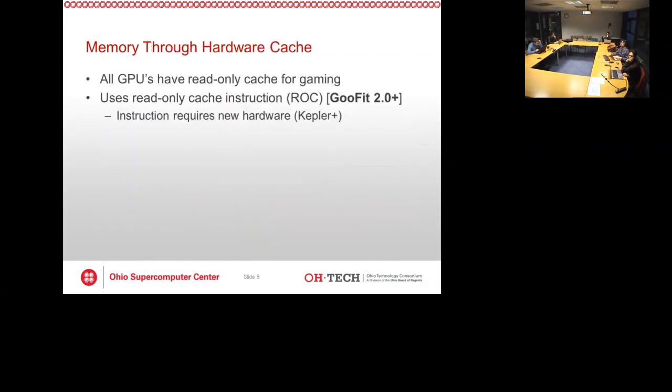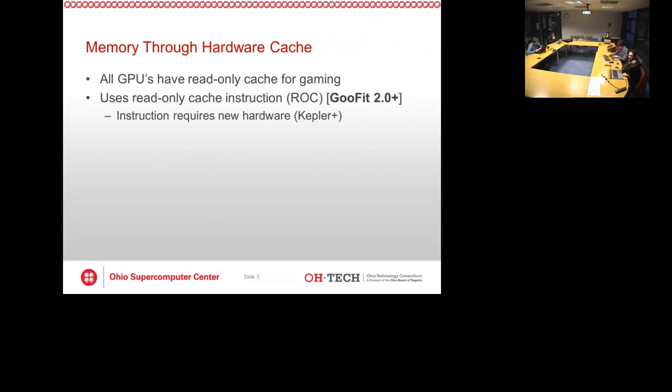In addition to this, GPUs were meant for gaming, and they were meant for loading up textures. That's the main goal that a graphics card is for. It's for video games. They have a specific cache that they use when reading in these textures, but accessing that for scientific computing is difficult, mainly because with older versions, it would add in linear interpolation, and you don't want to change any of your values. When the Kepler GPUs came out, they added an instruction that allowed you to use the caching without changing the values.